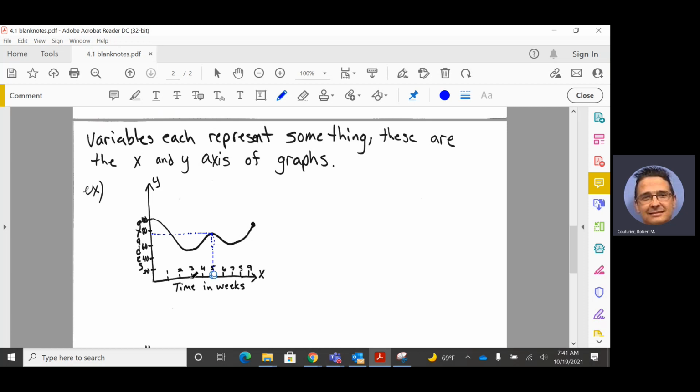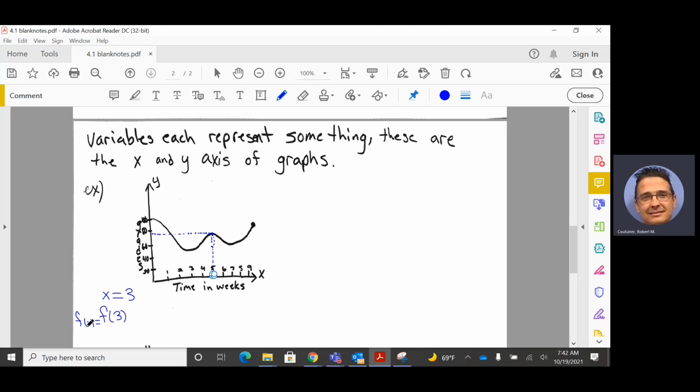What about week 3? Let's say maybe we're evaluating this function for when x equals 3. I'm going to write another, here's maybe a function notation too. When the function f of x equals 3, meaning the x is equal to 3.